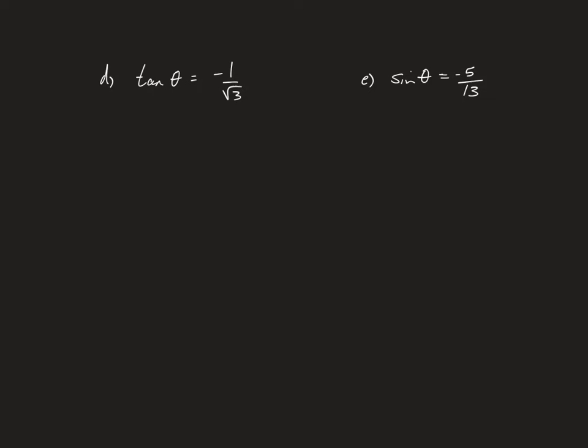And so what you see on the screen now, problem D. Tan of theta equals negative 1 over root 3. Okay, my quick set of axes. My tan is negative. Tan doesn't have the hypotenuse in it, so I have to consider both top and bottom.